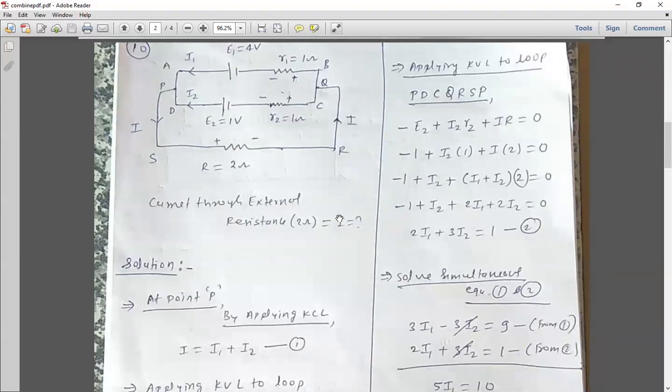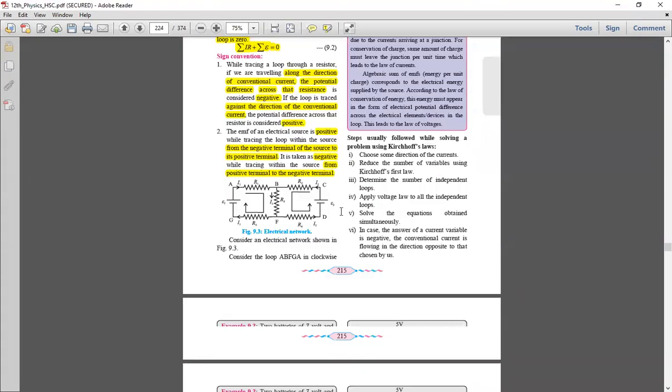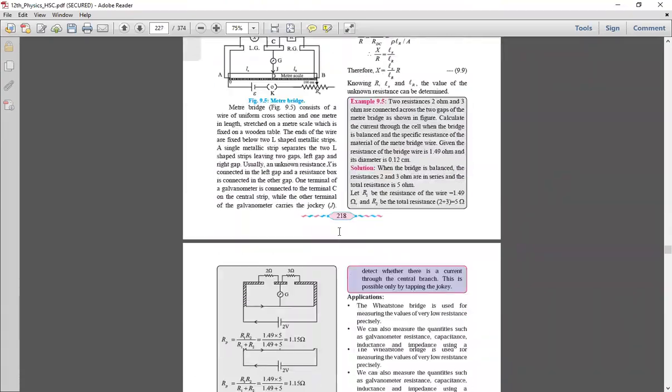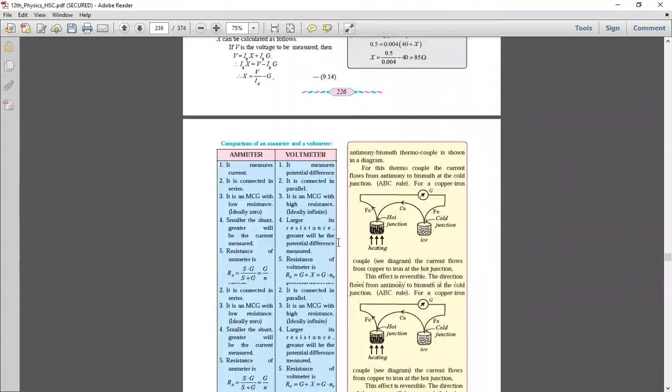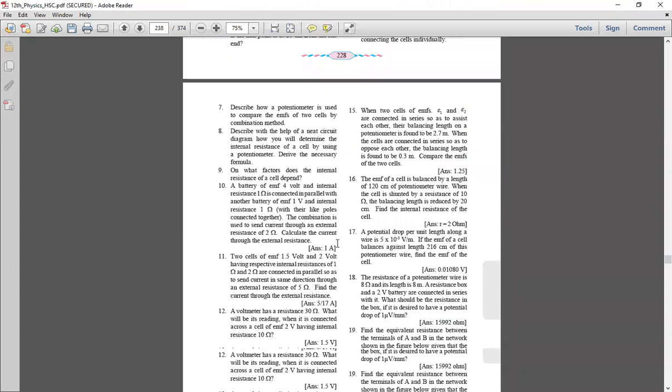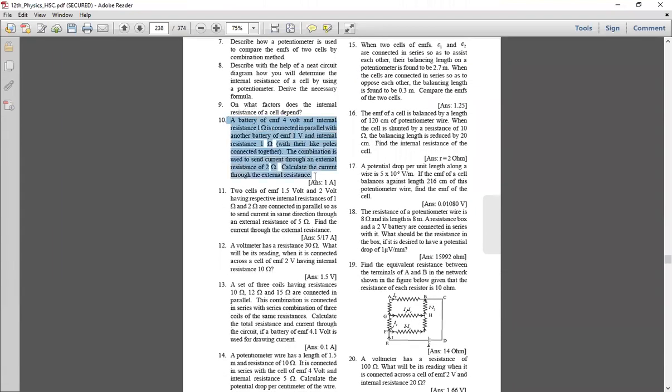This is a question in your textbook. Question number 10: A battery of EMF 4 volt and internal resistance 1 ohm is connected in parallel with another battery of EMF 1 volt and internal resistance 1 ohm.